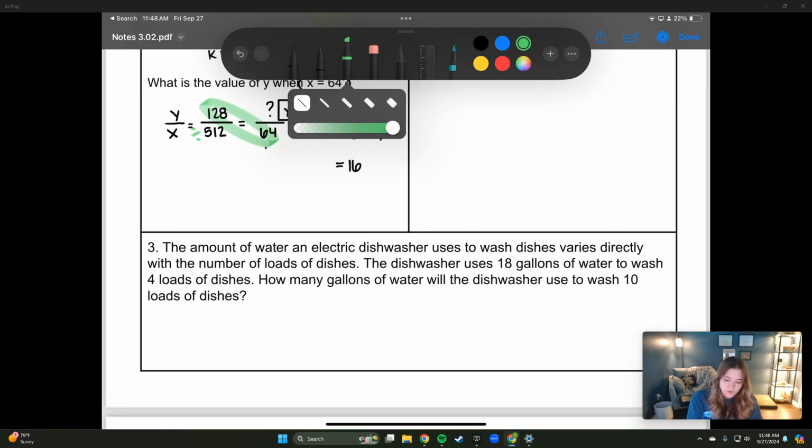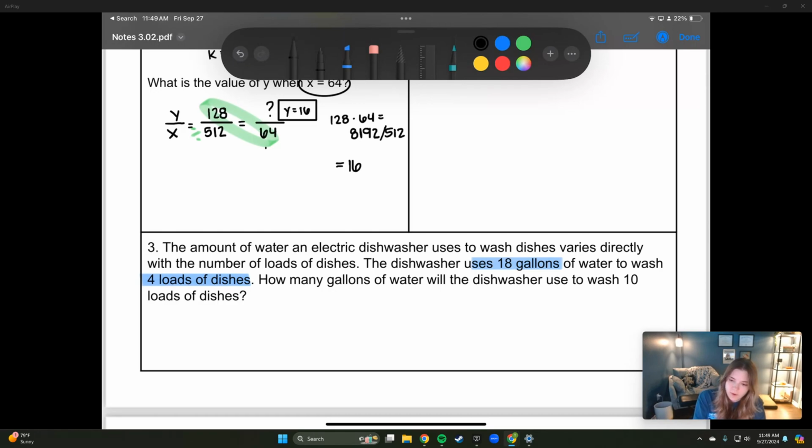Okay, so change my highlighter color here. What you're going to do is the amount of water an electric dishwasher uses to wash dishes varies directly with the number of loads of dishes. The dishwasher uses 18 gallons of water to wash 4 loads of dishes. Okay, so we already know our X and our Y here, right?